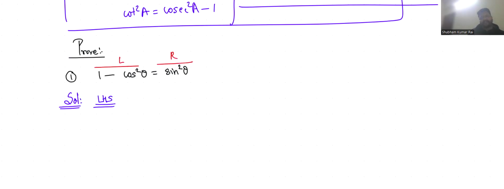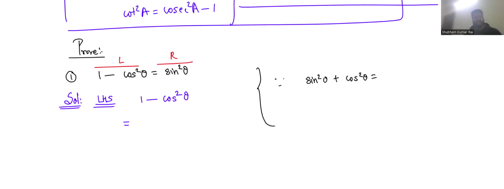Here we have 1 minus cos square theta. I have already told you one identity, identity number 1, that sine square theta plus cos square theta is equal to 1. So it can be written as sine square theta is equal to 1 minus cos square theta.